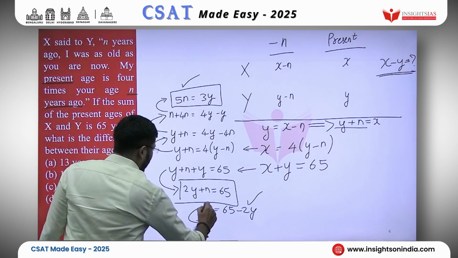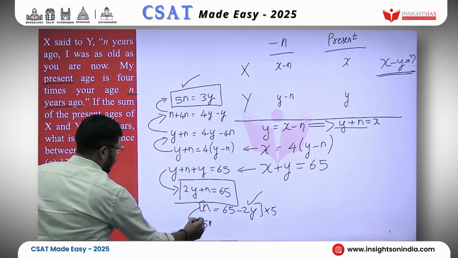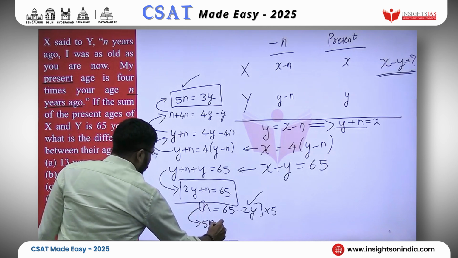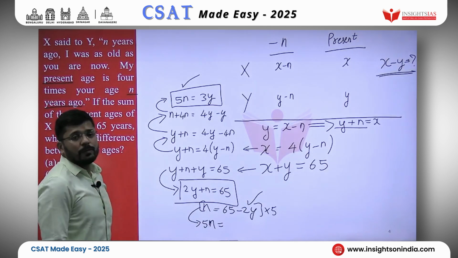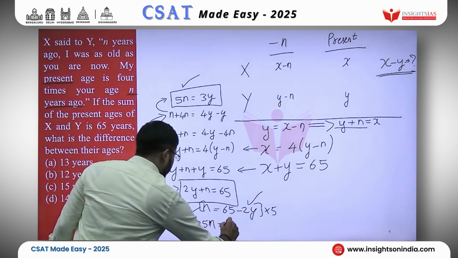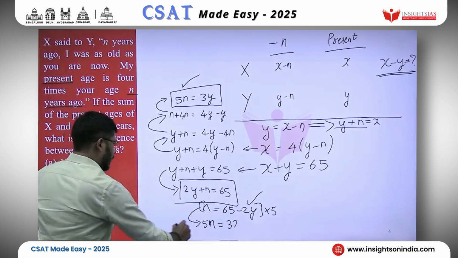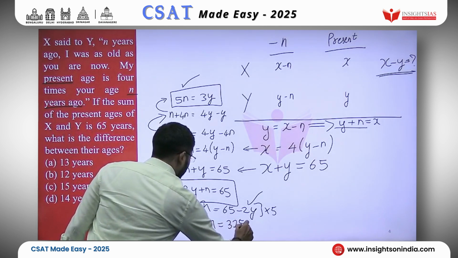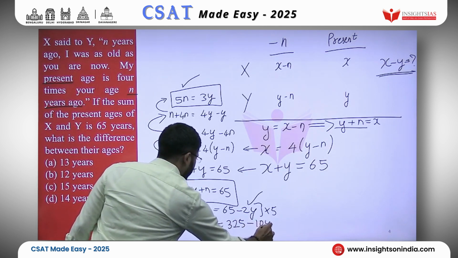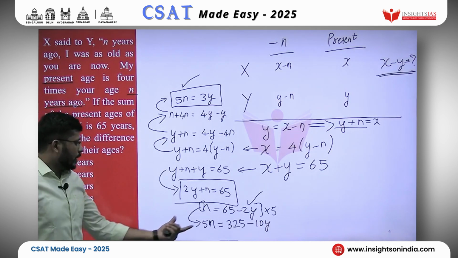We will multiply this whole equation by 5. This will become 5n is equal to, what is 65 into 5? That would be 325 minus 10y.